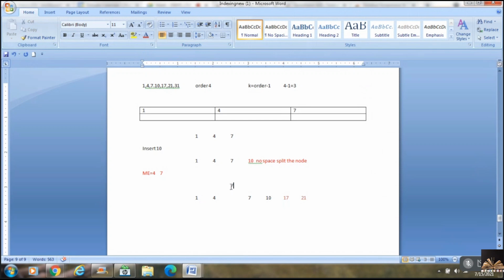Then 7 and 10 would be there. Greater than 17, 17 comma 21 would be placed in the third. So I'll have 3 nodes at the leaf level, and 7 followed by 17 at the root node.